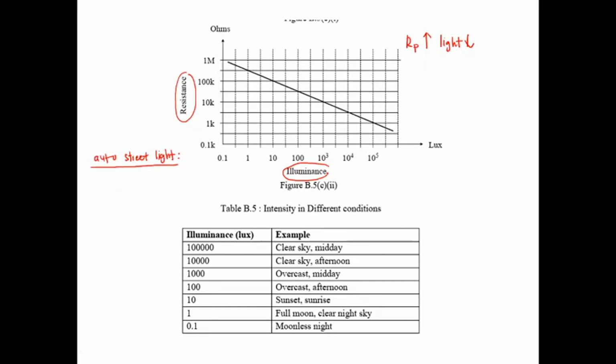When does the light switch from the off state into the on state, or the other condition?